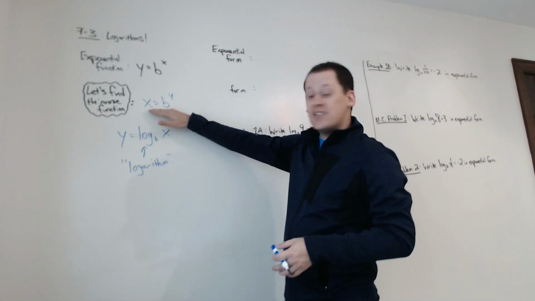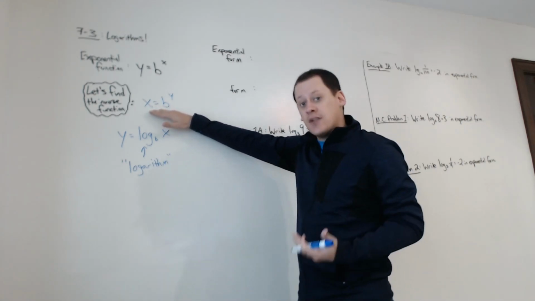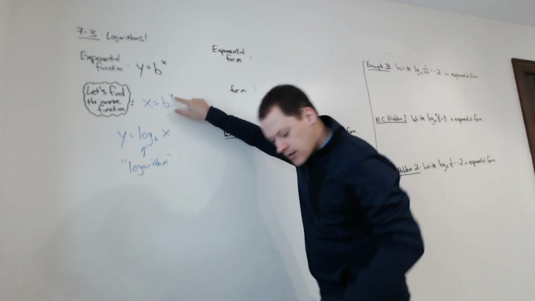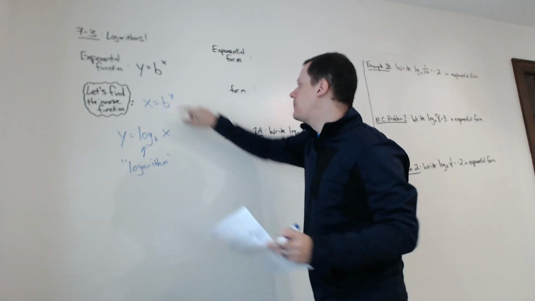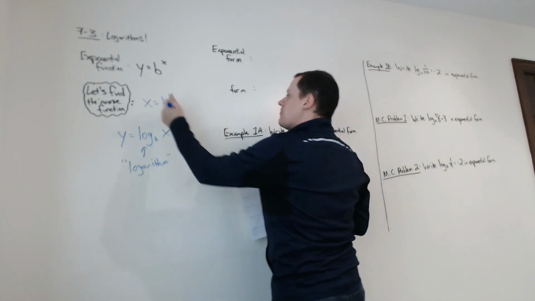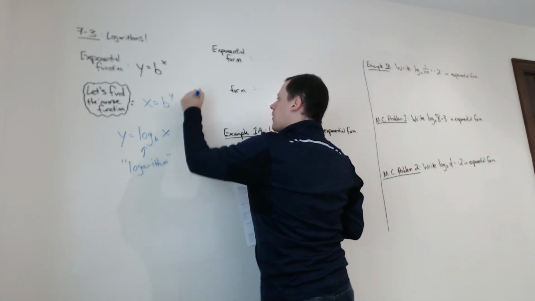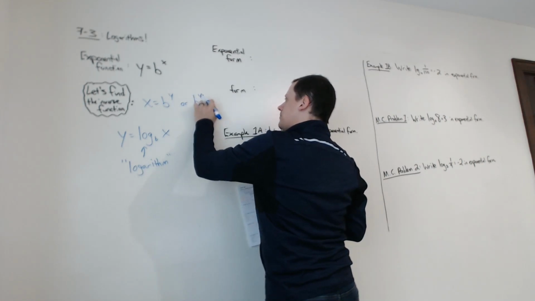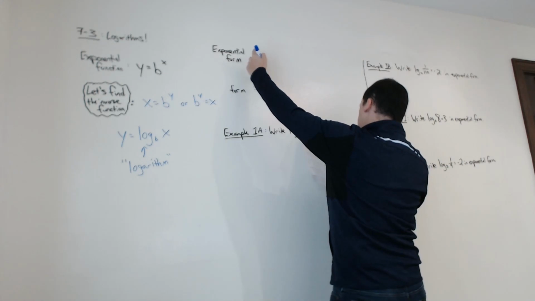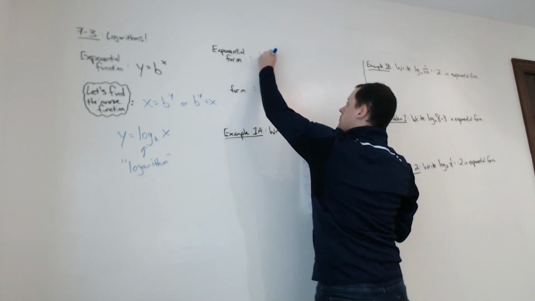This type of function is what's called exponential form, right? Because it's got an exponent in it. So something in exponential form looks something like, it's going to be this, but I'm actually going to flip this around, or b to the y equals x. Okay. Something in exponential form is written this way.